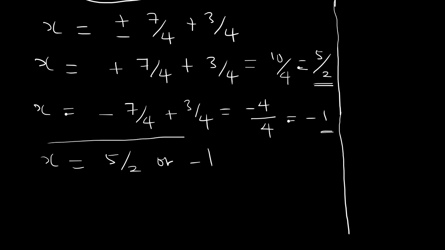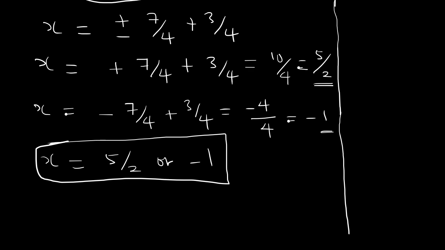So this becomes our answer. The major difference between this case we considered, that is when the coefficient of x squared is not 1, and our previous class, where the coefficient of x squared is 1, is that in this particular case, we divided all through by that particular number, which is the coefficient of x squared.